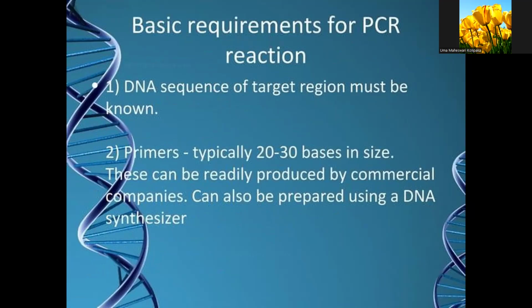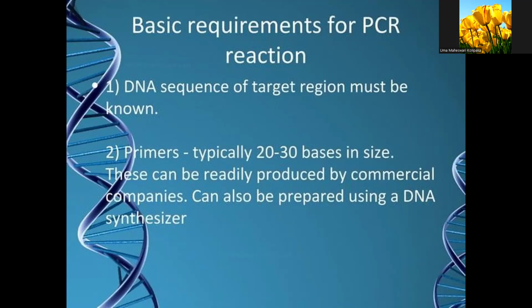So if you want to do research with respect to any disease or any sequence, for the identification of parenthood or for the identification of a culprit in a crime scene, whatever your requirement may be, first of all you have to decide what your desired fragment is, what your desired sequence of nucleotides is, that is said to be the DNA sequence of the target region. So we must know the target region.